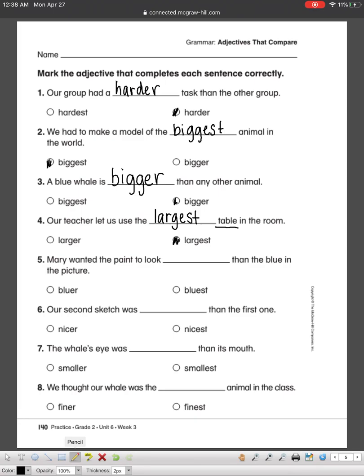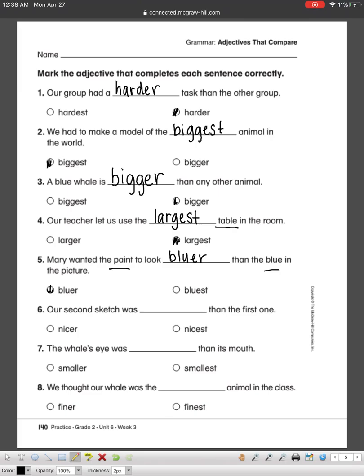So we are comparing the paint and the blue in the picture. Since we are comparing two things, it's going to be bluer. Mary wanted the paint to look bluer than the blue in the picture.